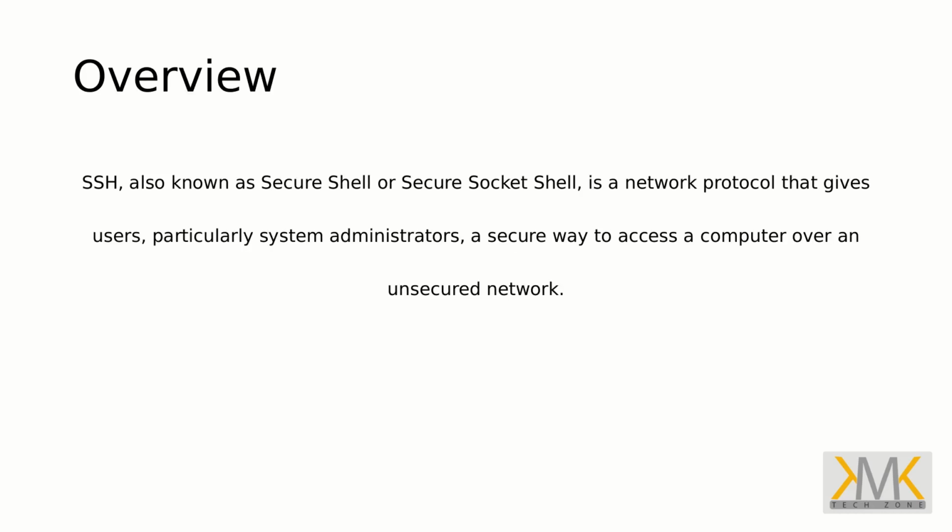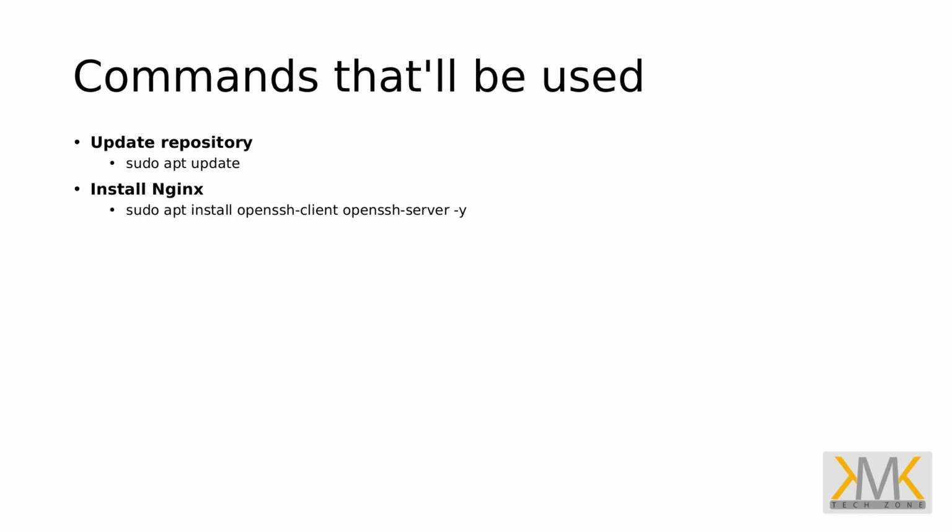So starting with the overview, SSH is also known as secure shell or socket shell. It's a network protocol that gives users, particularly system administrators, a secure way to access a computer over an unsecured network. Moving ahead, we have some commands for the installation.